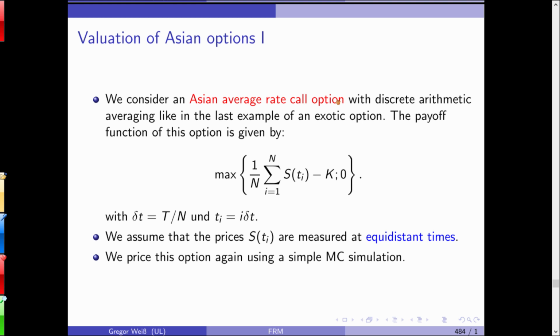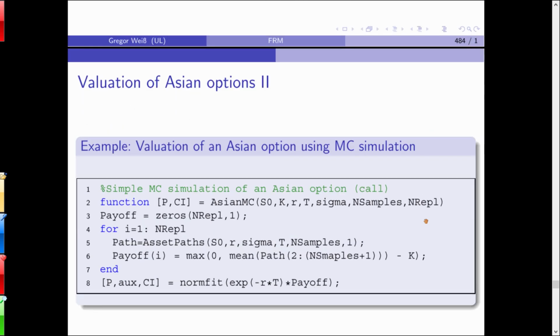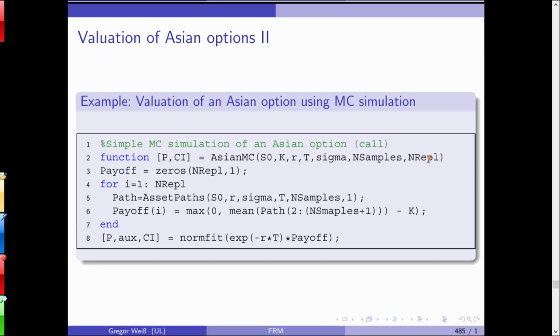You assume that the prices are measured at equidistant points in time, and we now price it with a simple Monte Carlo simulation. And as you can see, it's a program in 8 lines. You simulate paths from the geometric Brownian motion, you put it into this function.